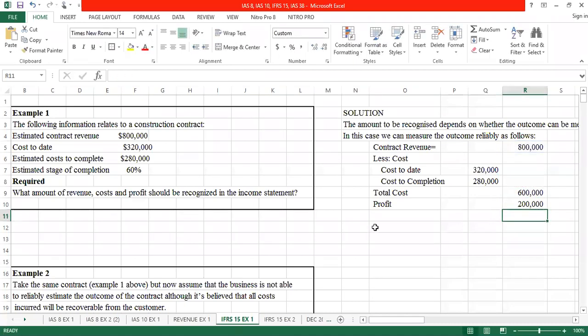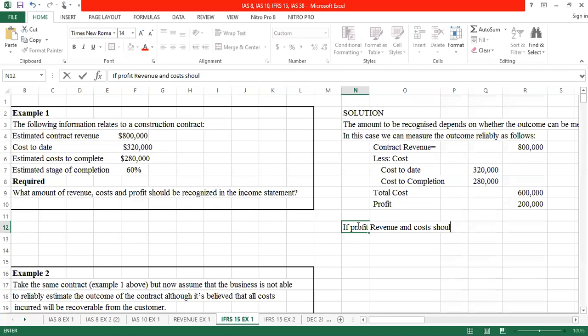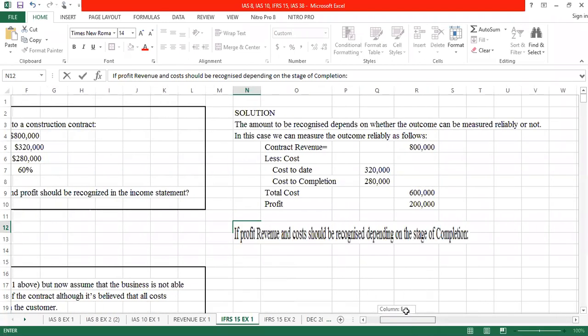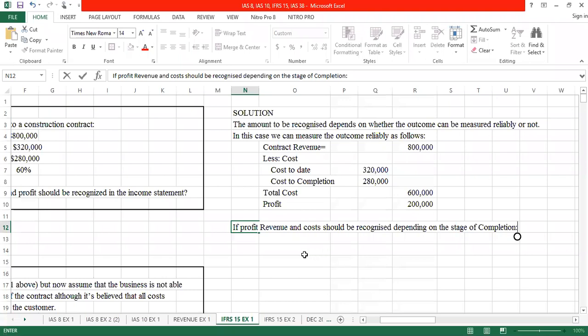So we said if profit, revenue and costs should be recognized depending on the stage of completion. You see, this standard is understandable. Why? Because it's a profit. If it was a loss, we would have recognized the entire loss immediately.